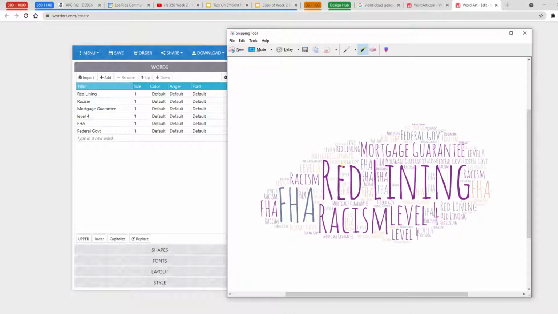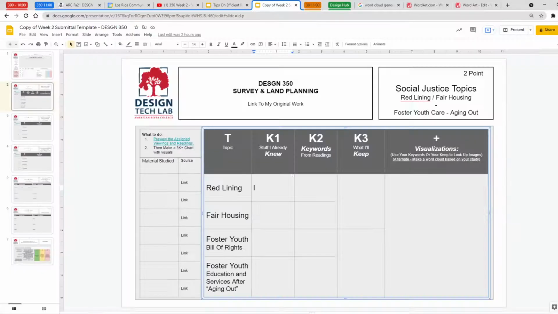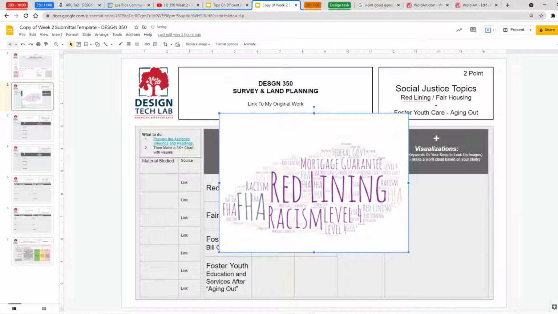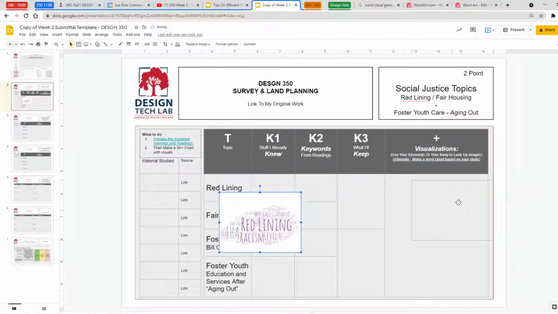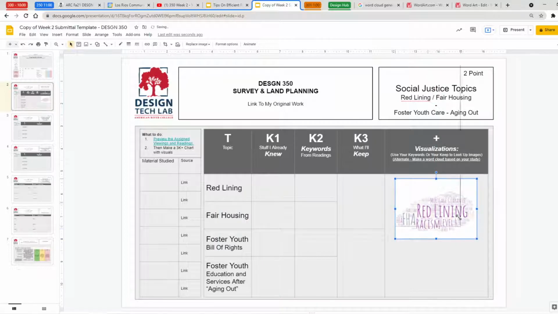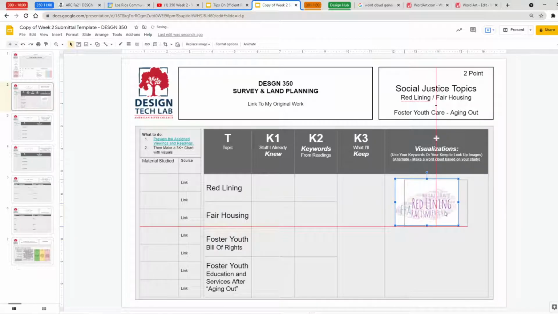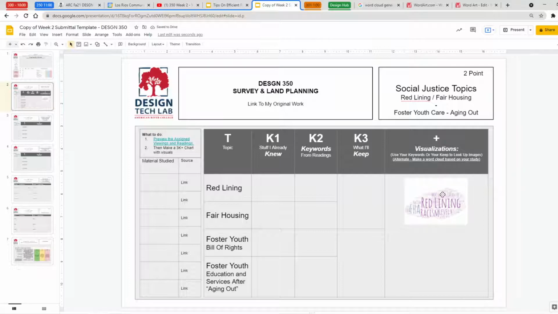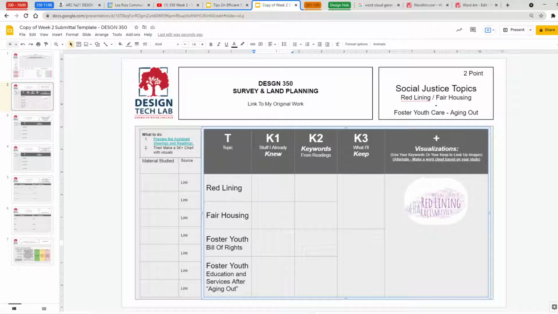Then if I were to take that snip, put it right in there, and I've got a cool thing. I can do all sorts of cool stuff with it. Okay, so this becomes a very quick visual thing, and you would do the same thing on these.